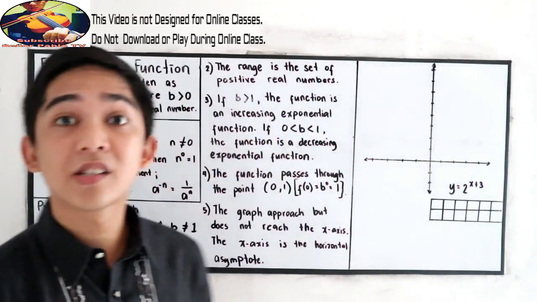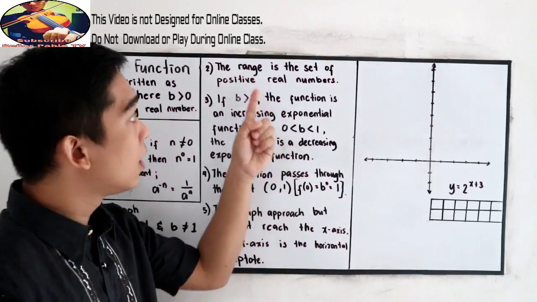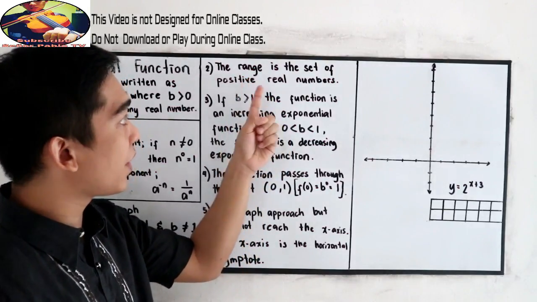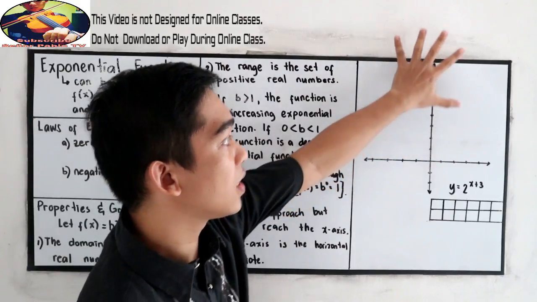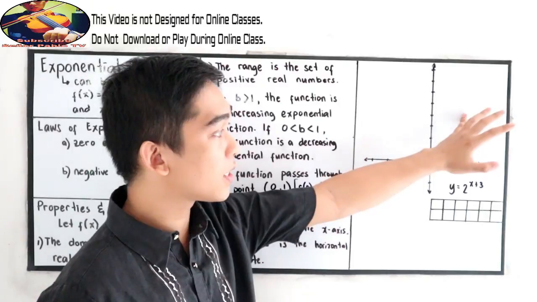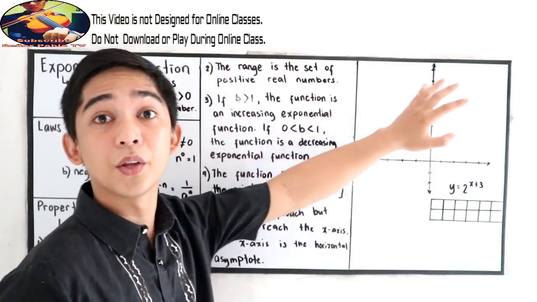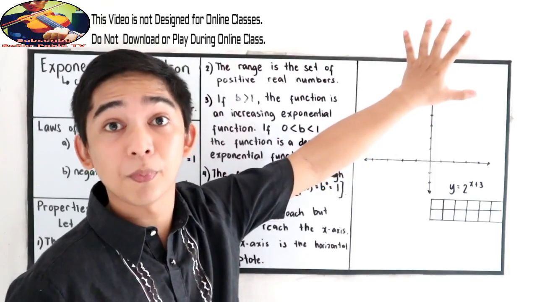If we examine our graph and apply our second characteristic, you will notice that the range is the positive real numbers. So our graph is on the first and second quadrant, on the upper part of our Cartesian plane.